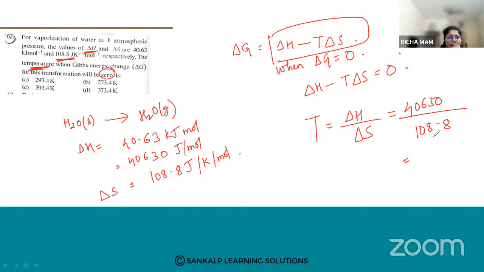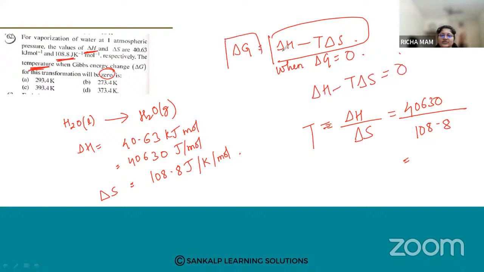So Gibbs energy is stated as 0. Because we have to find temperature, delta H minus T delta S is equal to 0, since when G is 0, this will be 0.